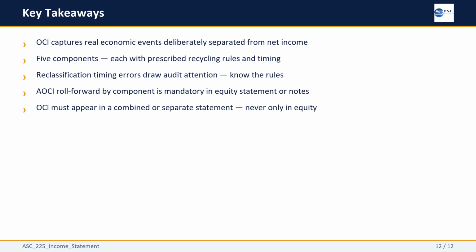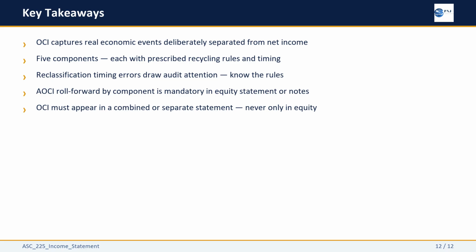Let's lock in the key points from this section. OCI is not a catch-all for errors. It captures specific economic events that GAAP intentionally excludes from net income to protect the clarity of operating performance. There are 5 defined components, each with its own recycling rules, and getting the timing wrong is one of the most common audit findings in this area.